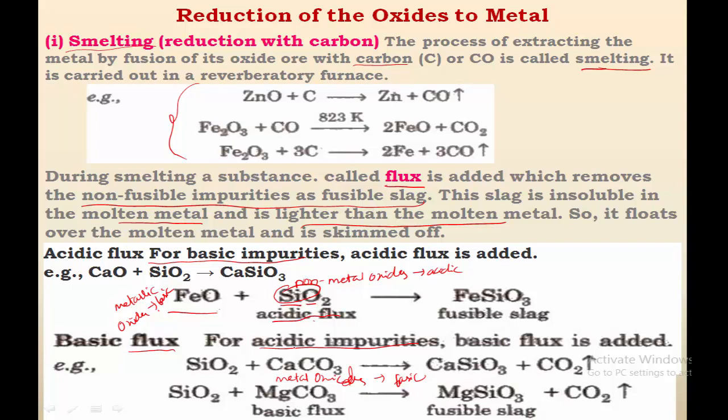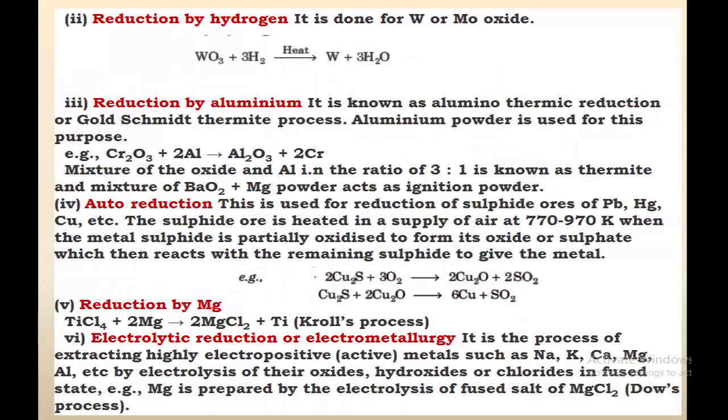And for an acidic impurity, that is silicon dioxide, which is acidic, for this kind of impurity we will use a basic flux, that is magnesium carbonate or calcium carbonate. So whenever acidic impurities are there, basic flux should be added. When basic impurities are there, then we have to use acidic flux. Okay, these are the examples.